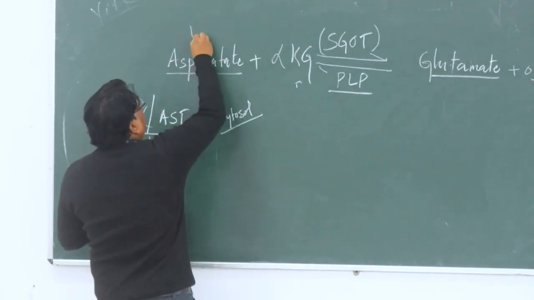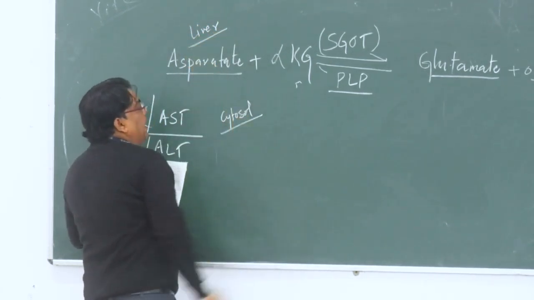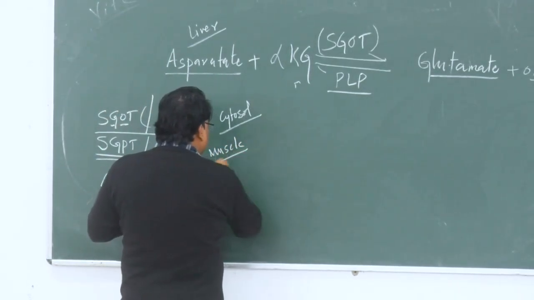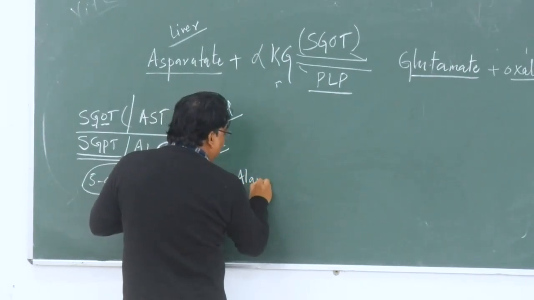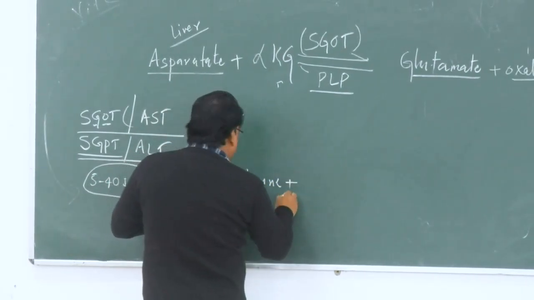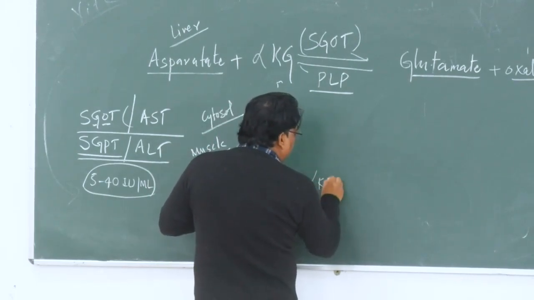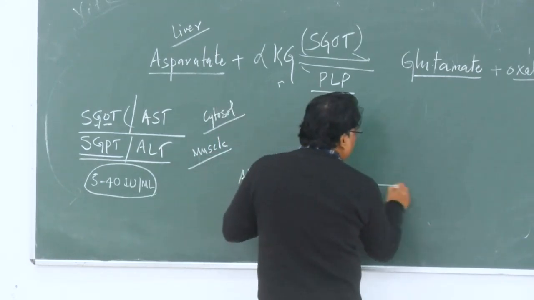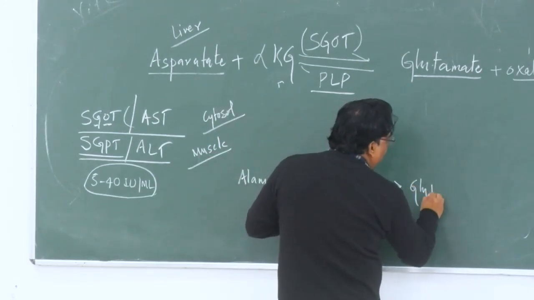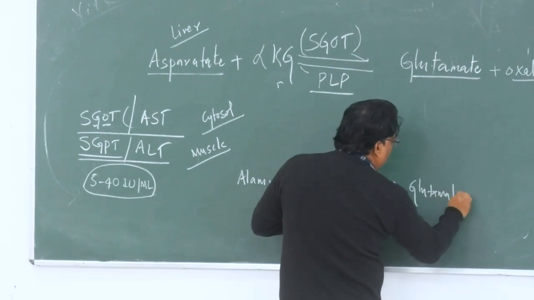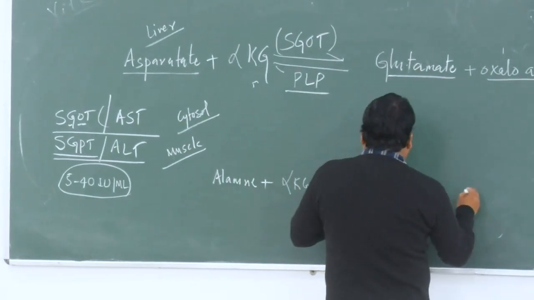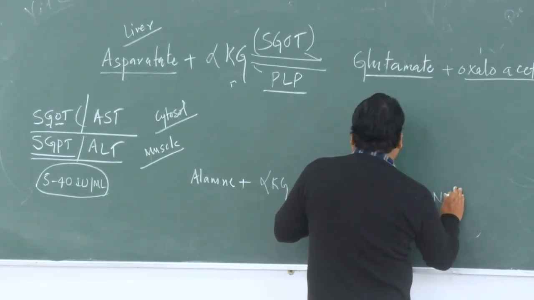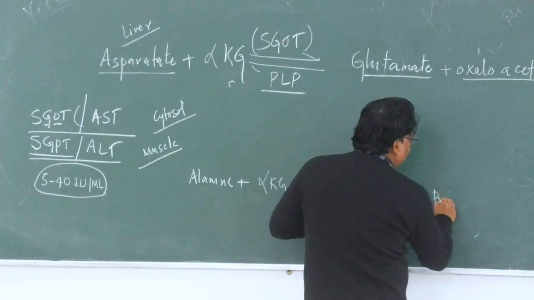This reaction proceeds basically in the liver, and in muscles there is one reaction for transamination: alanine plus alpha ketoglutarate forming glutamate plus pyruvate.